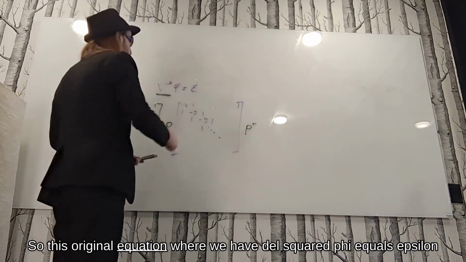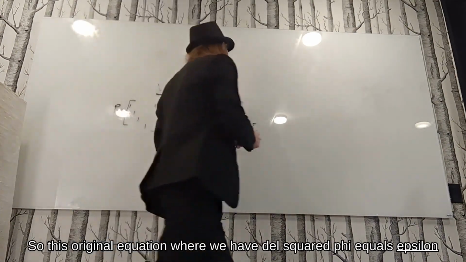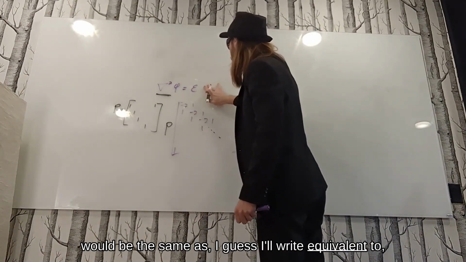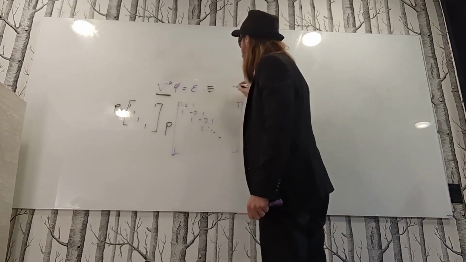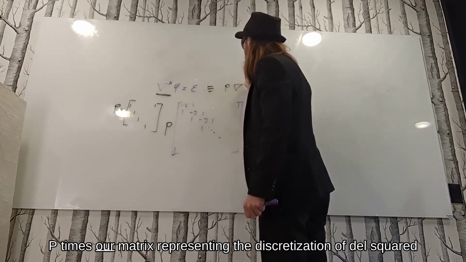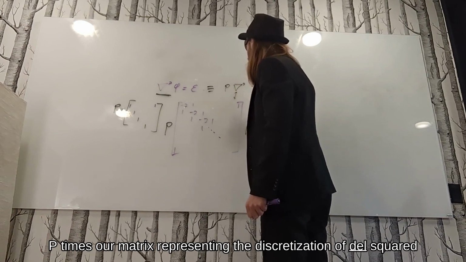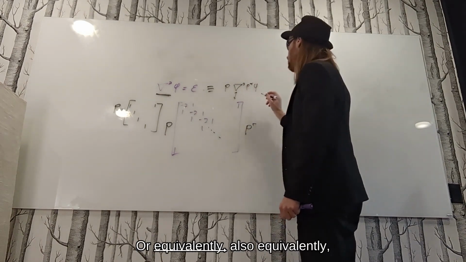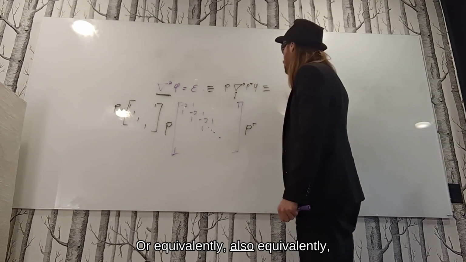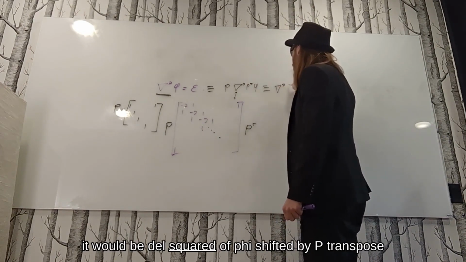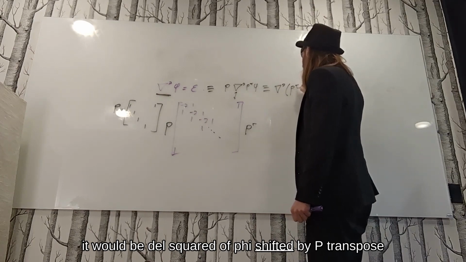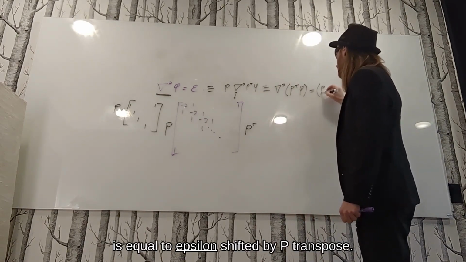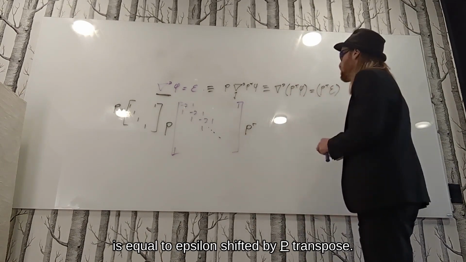So this original equation, del squared phi equals epsilon, would be equivalent to P times our matrix representing the discretization of del squared times P transpose times phi, or equivalently, del squared of phi shifted by P transpose is equal to epsilon shifted by P transpose.